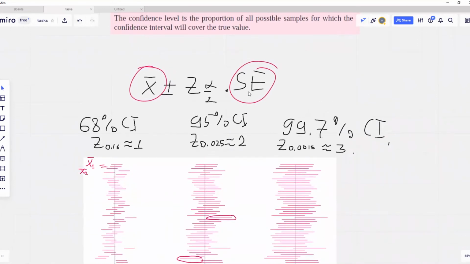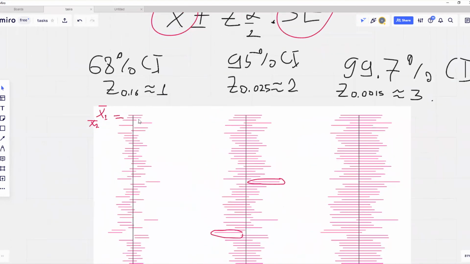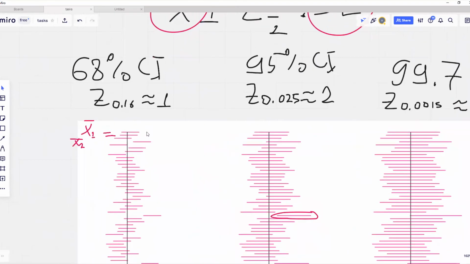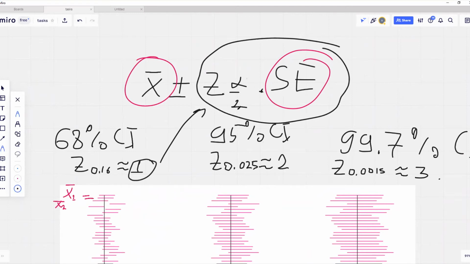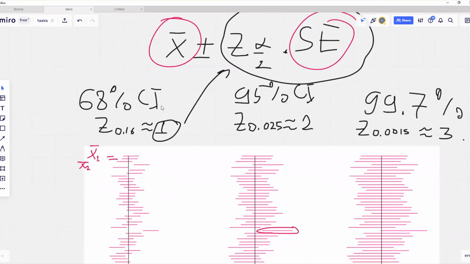If you pay attention to our formula here, you can see that the width of the 68% confidence interval is smaller since the critical value here is smaller, meaning that the margin of error is going to be smaller, meaning that the width of our confidence interval is smaller. But decreased width of confidence interval also means a smaller confidence level.